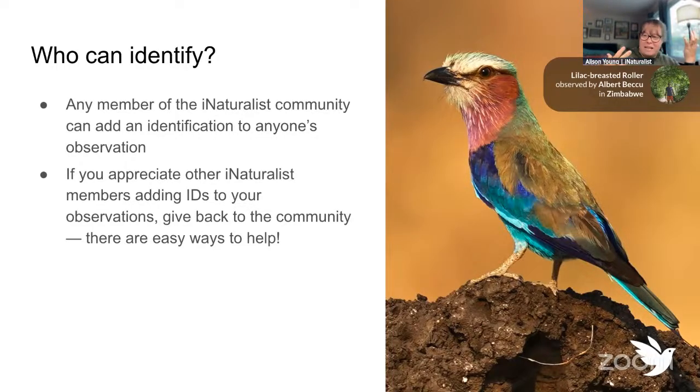And so everybody is allowed to help with identifications, and there are things that everybody can do to help in this process as well. Plus, it's also just a really nice way to give back to the iNaturalist community. If you've ever appreciated someone coming in and leaving you an identification on one of your observations or leaving you a comment, this is just a really nice way to give back and continue that cycle, and help the iNaturalist community as well.